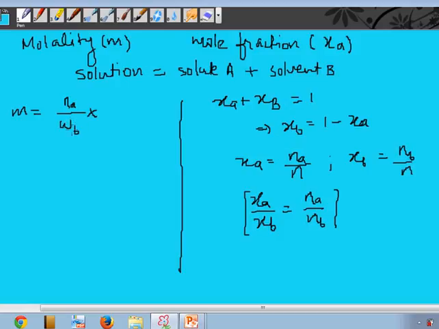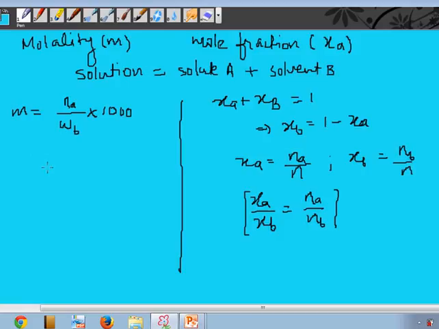So if WB given to you in the question is in gram, to convert gram into kilogram, I divide the denominator by 1000, that is multiplying the fraction by 1000. Dividing the denominator by 1000 is the same as multiplying the whole fraction by 1000. So I have converted my mass of solvent from gram to kilogram, so that I can calculate molality.